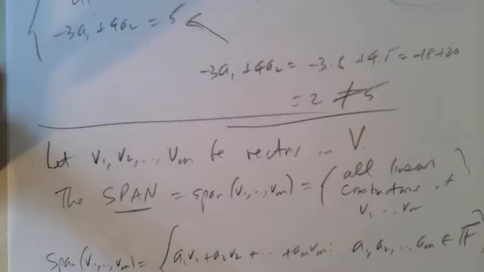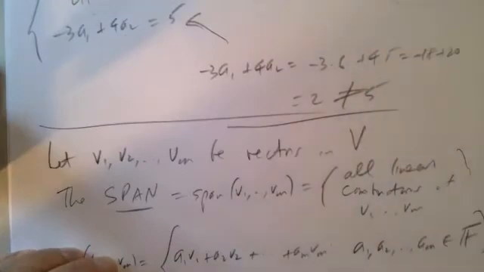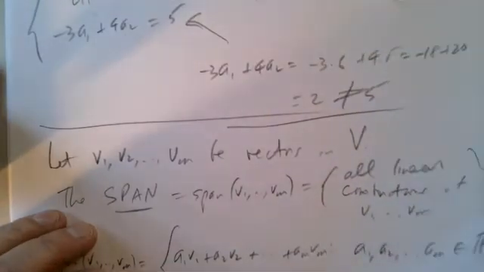And a simple but important theorem about the span of a set of vectors is the following. I'll call it theorem 2.7.